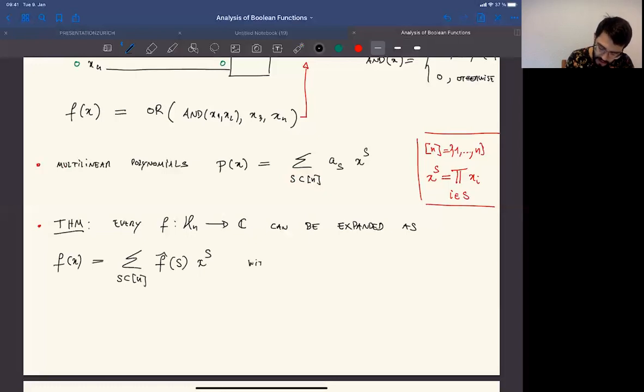With unique f hat of s. Okay. And these are called the Fourier, also sometimes called the Fourier-Walsh coefficients.